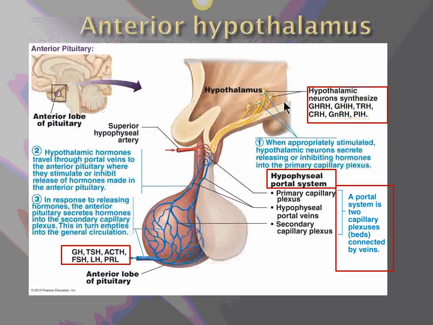If you look here, the anterior hypothalamus has numerous neurons, and these synthesize releasing hormones or inhibiting hormones. So collectively, they synthesize releasing or inhibiting hormones.